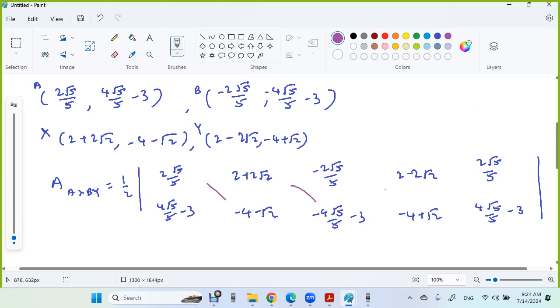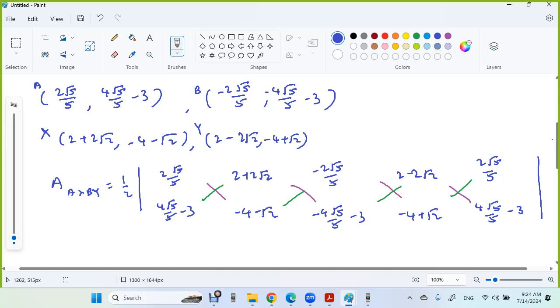And this multiply this, and then minus with this. So if you do it to find the area using this method, then it will be very difficult.